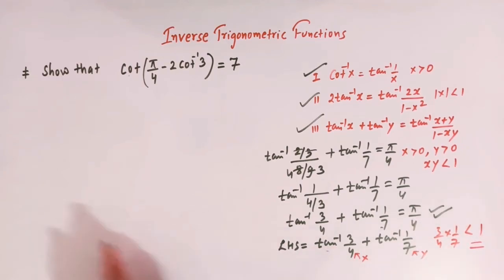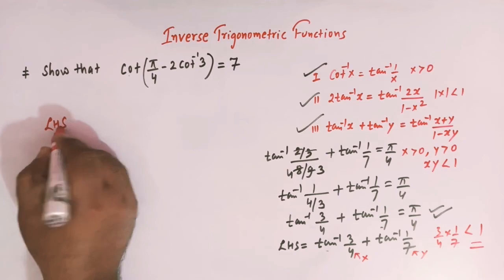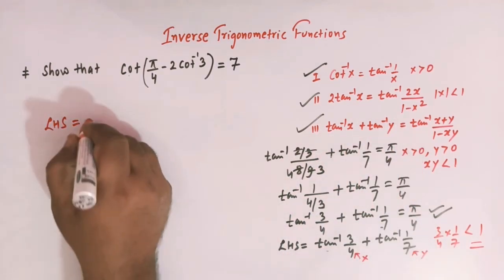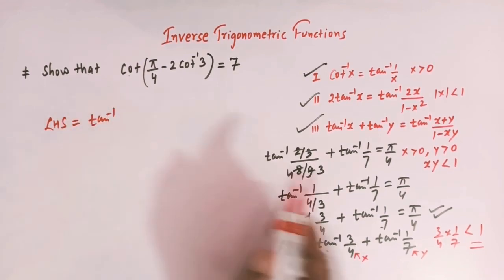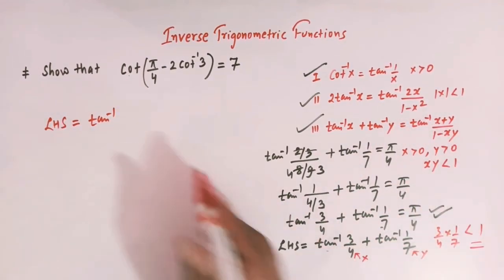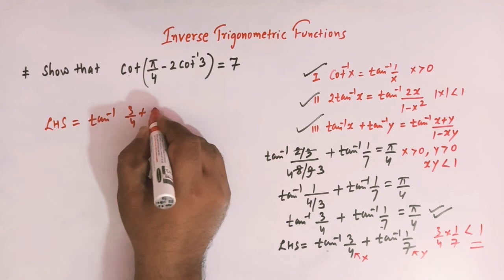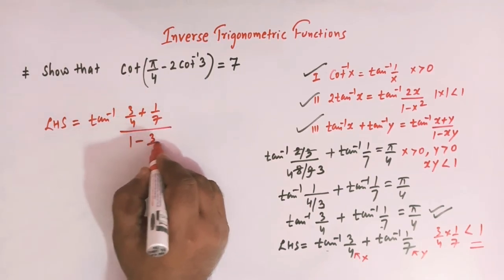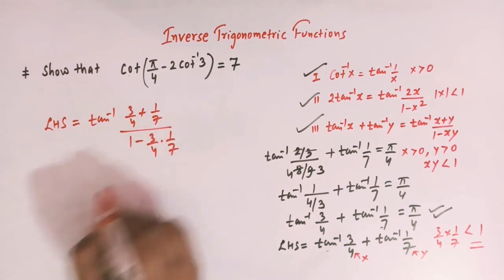So now the left hand side becomes, when we apply this rule, tan⁻¹ of (x + y) divided by (1 - xy), where x is 3/4 and y is 1/7, that is (3/4 + 1/7)/(1 - 3/4 × 1/7).